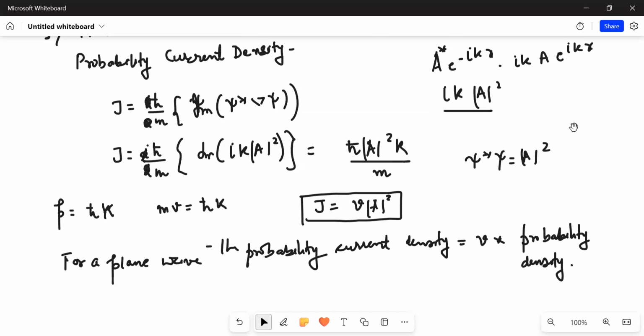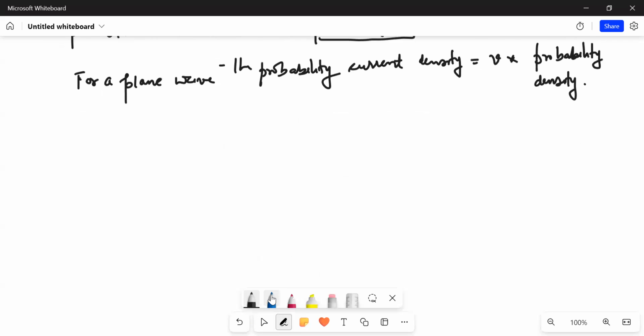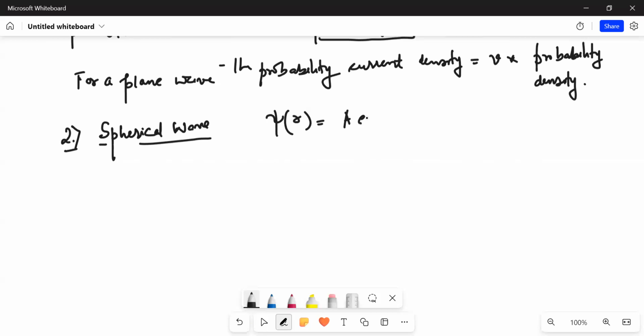Now, if I want to take a spherical wave, what is the wave function for the spherical wave? If I write it as a function of r, it is represented as psi(r) = A e^(ikr) divided by r.